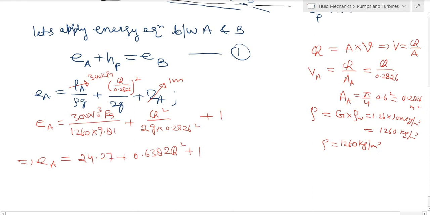And now 1 plus 24.27 is 25.27, right? This is the energy at A. Now let me erase this.